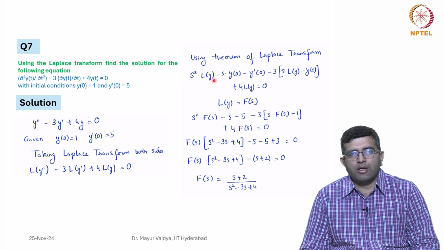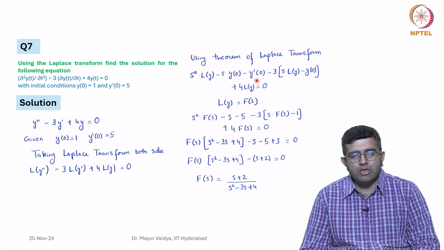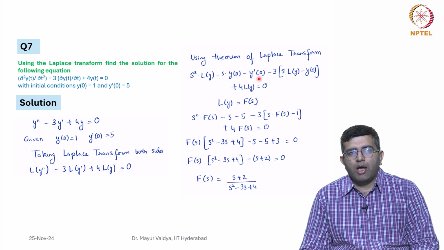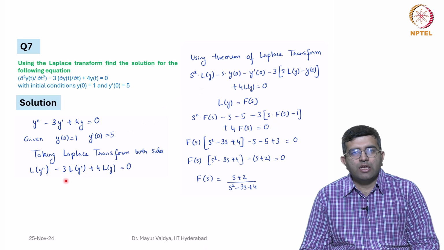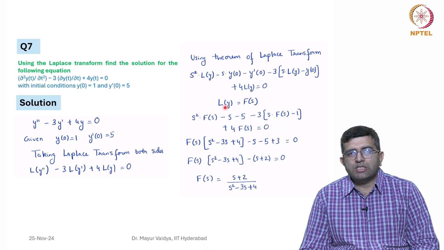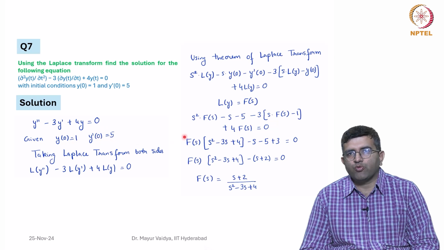So s square L of y minus s into y of 0 minus y dash of 0, minus 3 times s into L of y minus y of 0, plus 4 times L of y. Now, let me just call L of y as f of s for now, and therefore I put y of 0 is equal to 1 and y dash of 0 is equal to 5 here.